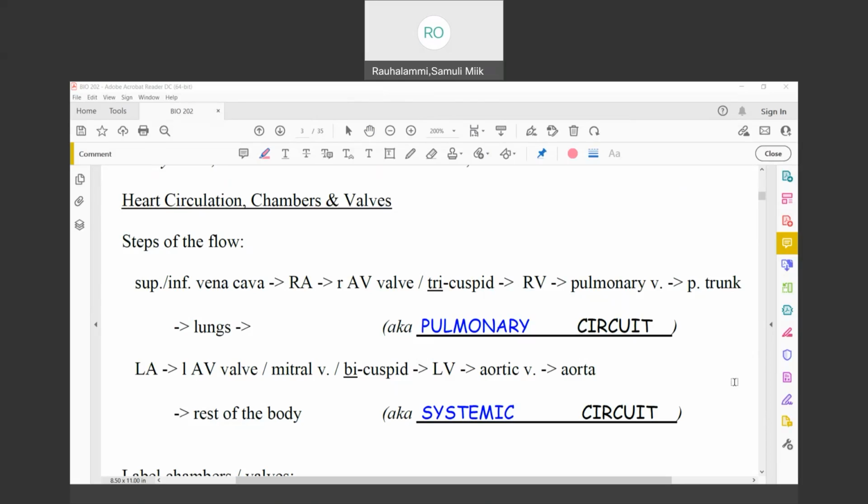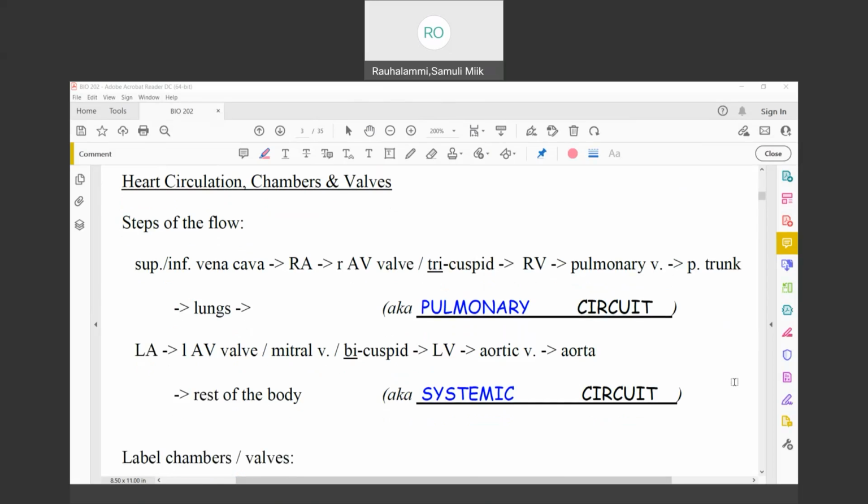Now from the aorta, this oxygen-rich blood travels to all parts of the body other than the pulmonary circuit, does its job, and comes back to the heart as deoxygenated blood, back to the superior and inferior vena cava that we saw earlier on.